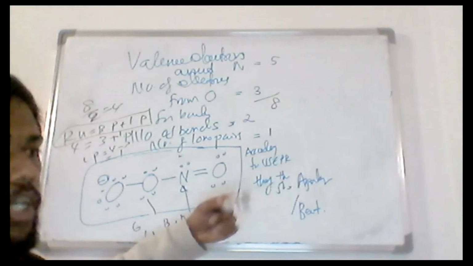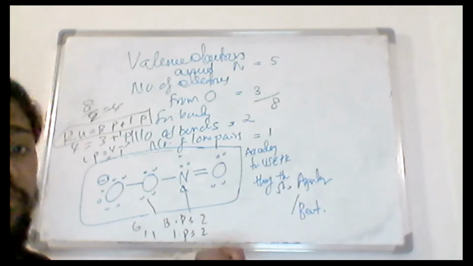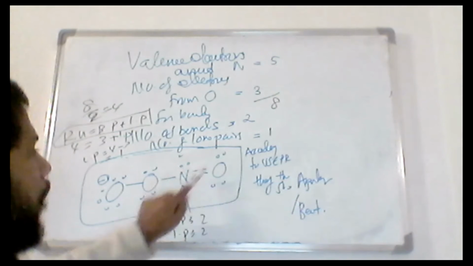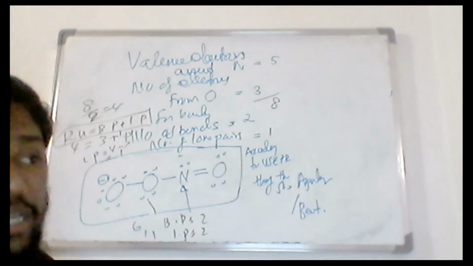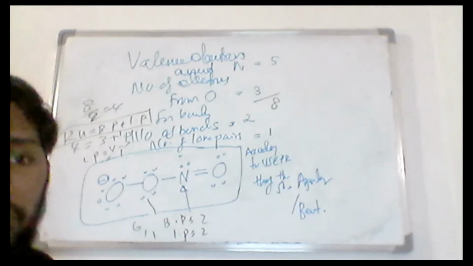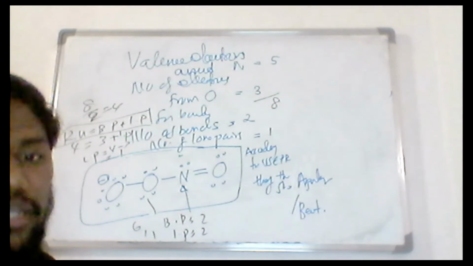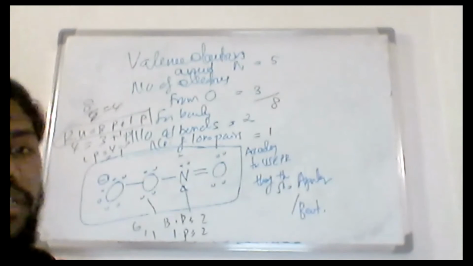But when you try to express the electron pair geometry, you have to count the lone pair as a bond pair. So 1, 2, 3. Now there are 3 bonding pairs. No lone pairs. For electron pair geometry, they are asking about the electron pairs. You need to count the electron pairs. 1, 2, 3. But we don't count the pi bond.